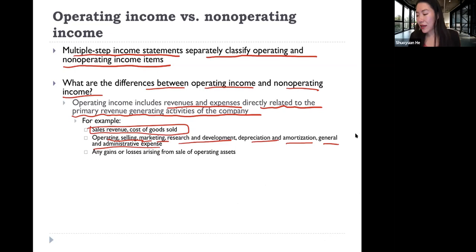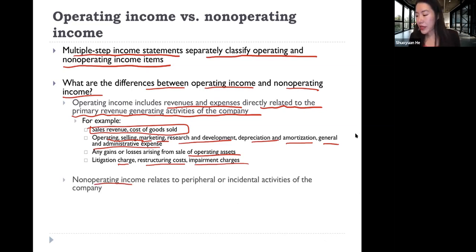Also any gains or losses arising from sale of operating assets, litigation charge, restructuring cost, impairment charge. Those are in some way directly related to the primary revenue generating activity of the company. However, non-operating income is related to the incidental activity of the firm.